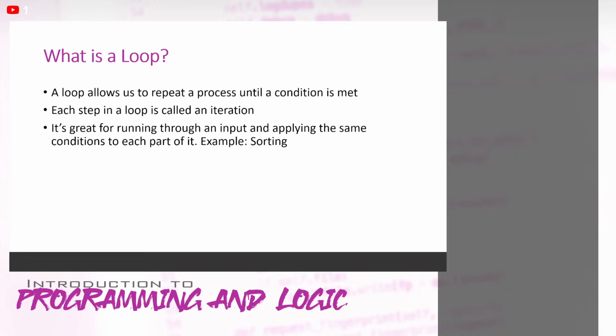So let's talk about loops and just what exactly a loop is. We kind of looked at the idea of looping last time with the idea of recursion, right? But a loop is not a recursive call, right? We're not calling a function from within another function.